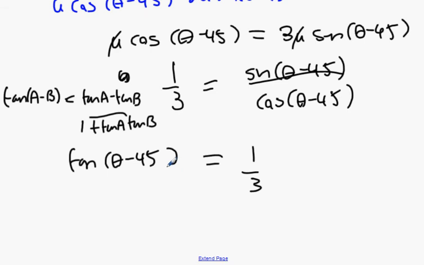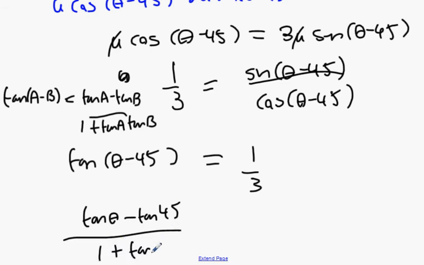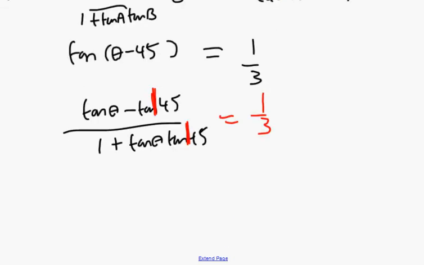Now, so what we get here, guys, is this. Tan theta minus tan 45 over 1 plus tan theta times tan 45. Now, see tan 45? That's 1. They're 1s, and that equals 1/3. So, long story short, I'm going to get rid of those tan 45s. They're the number 1 anyway, so just leave that one as 1.